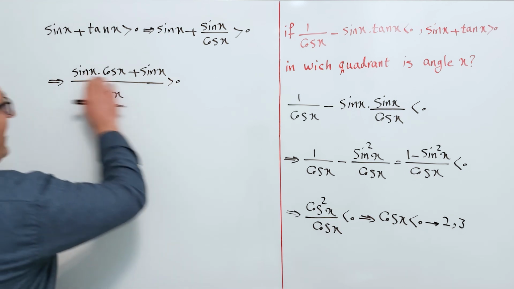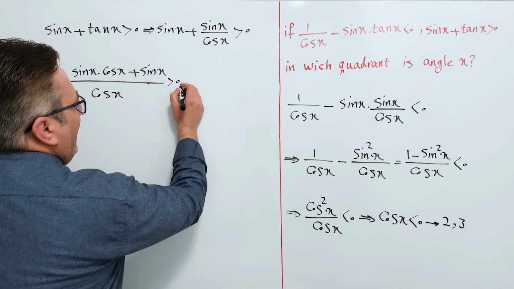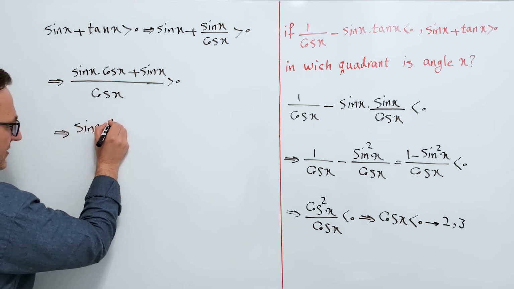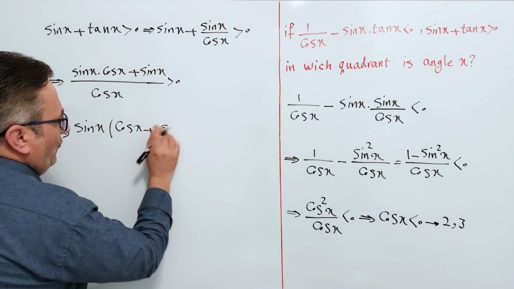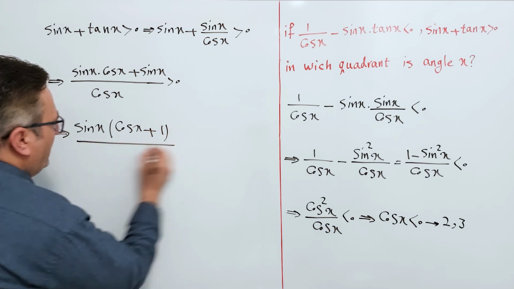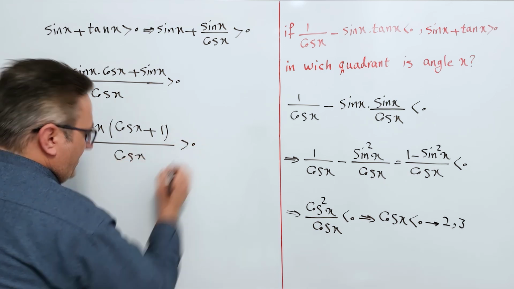And if we factor out sine x from the numerator, we have sine x times cosine x plus 1, divided by cosine x, is greater than 0.